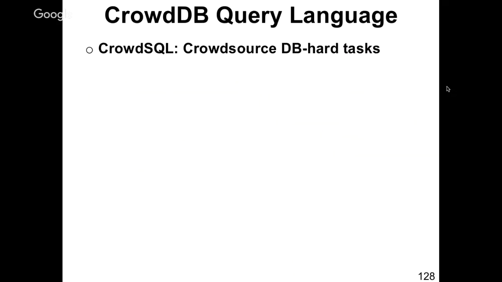The second usage of CrowdSQL is to identify which parts could involve the crowdsourcing workers to perform DB-hard tasks. Actually, it defines 2 types of DB-hard tasks. The first one is crowd-powered filtering.